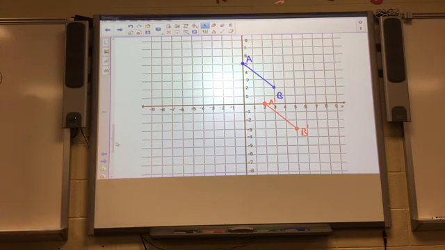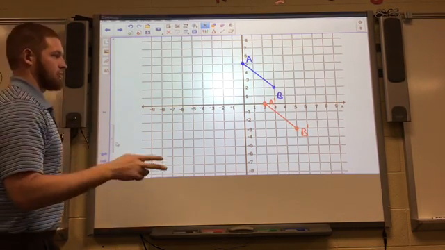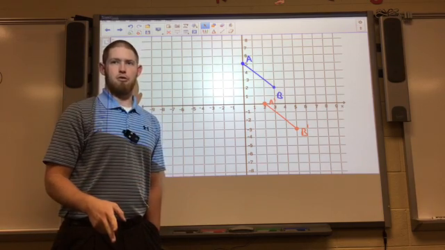Now when I do a rotation, Taylor Arnett, can you give me one of our rules when I rotate around the origin? What was one thing we had to do? We got to flip our coordinates. Every 90 degrees we flip our coordinates. Anybody remember the other rule?